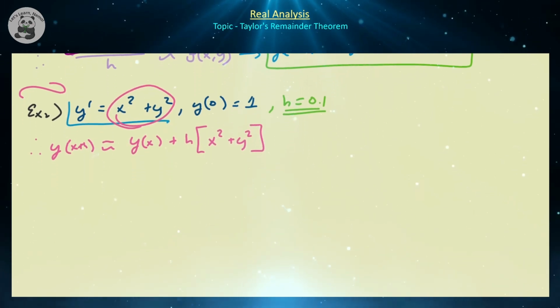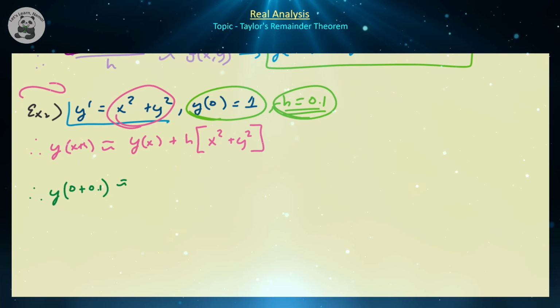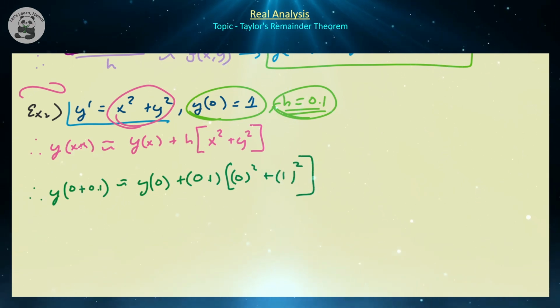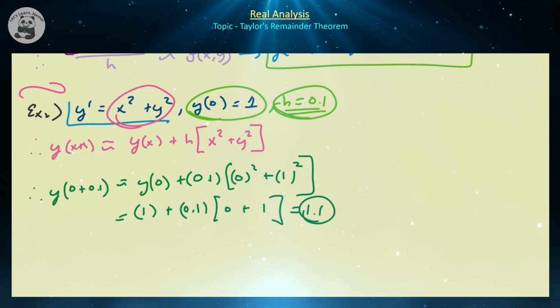Once we use our first step size, because we have our initial condition, we're going to have that y of 0 plus 0.1, or h, so x plus h, will be approximately equal to y of 0 plus h times x squared plus that associated y value squared. And that's just a number. Once you plug in all of those numbers, that's going to be equal to 1 plus 0.1 times 0 plus 1, which is equal to just 1.1.